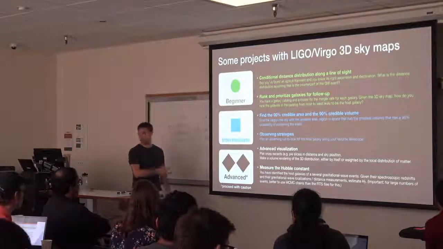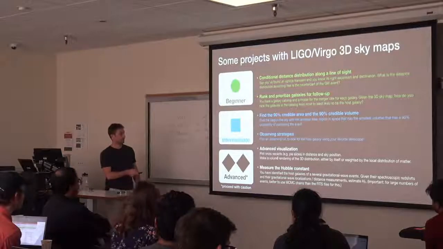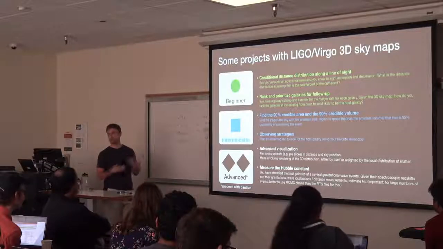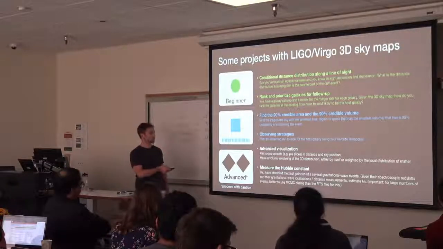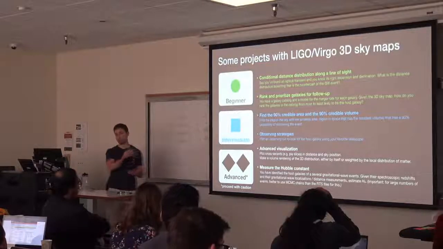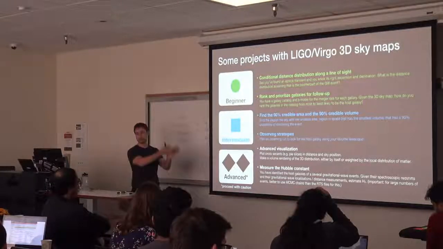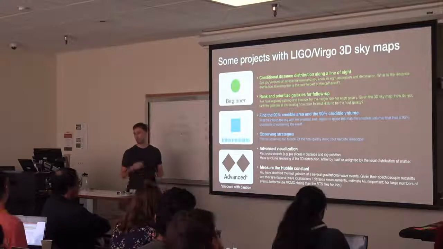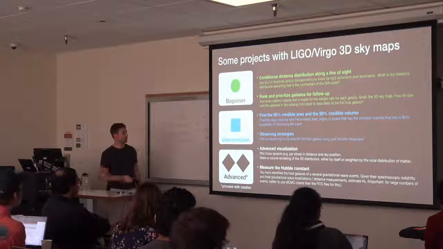And then advanced. These are fun and they're a bit more challenging. First, you can do advanced visualization. So you can make cross sections like the one that I showed for GW170817, in space and in sky position. So it's sort of an advanced projection of the data.